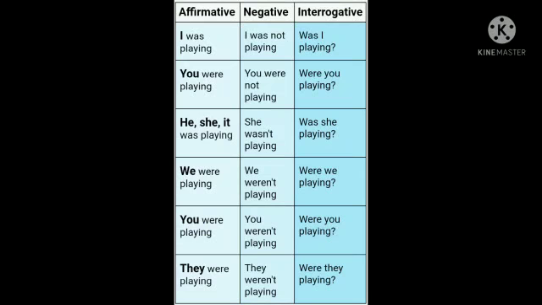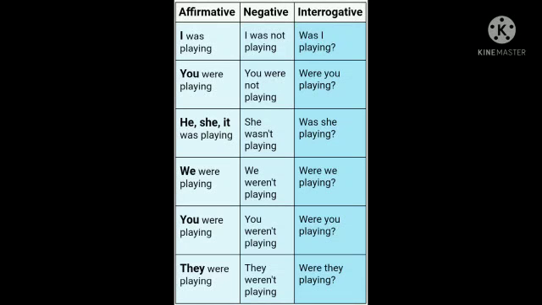Again look at the pattern here, examples are given for you in affirmative, negative and interrogative form. The first one, I was playing, that is the affirmative one, and the negative of this sentence is I was not playing, and the interrogative of these sentences is was I playing.